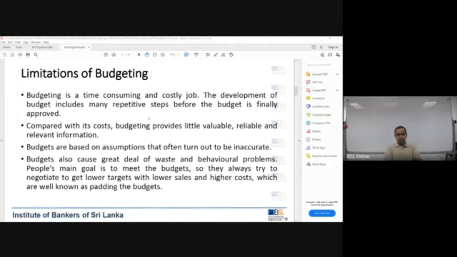Budgets also cause a great deal of waste and behavioral problems. People's main goal is to meet the budget, so they always try to negotiate to get lower targets with lower sales and higher costs, which are well known as padding the budget. And so people try to pad the budget. They try to achieve, underachieve, and overspend.